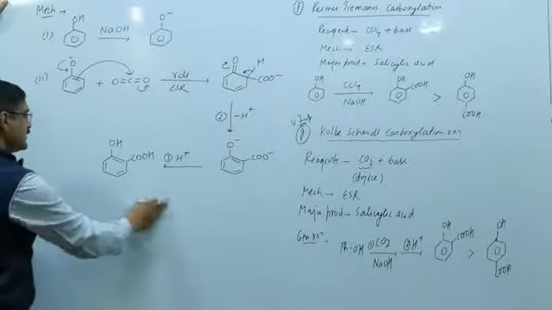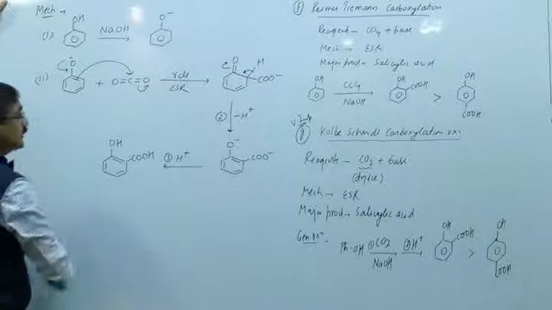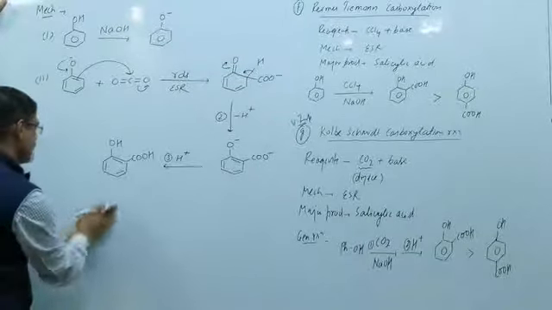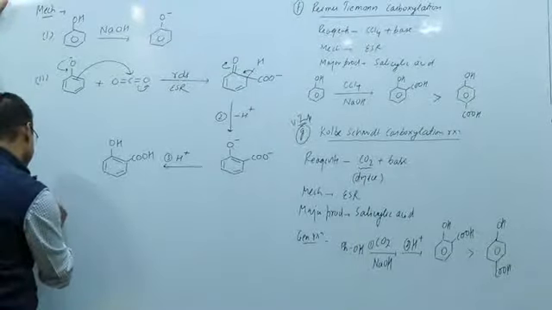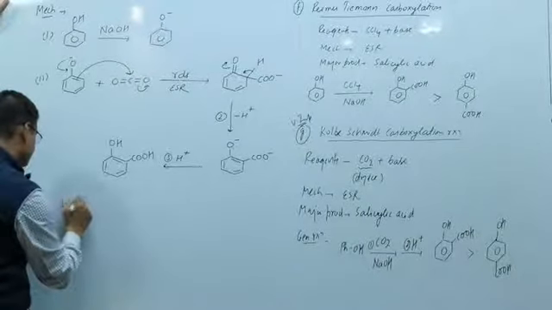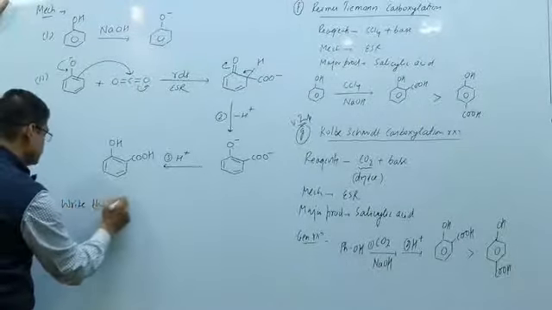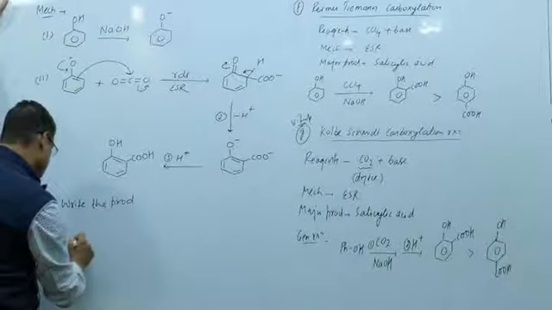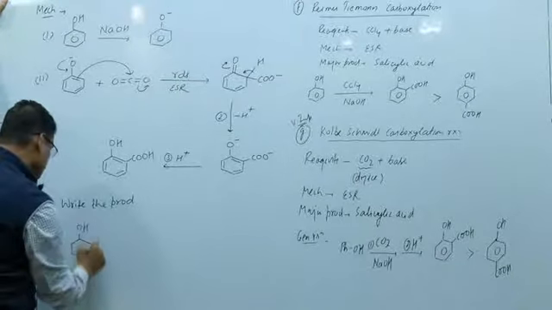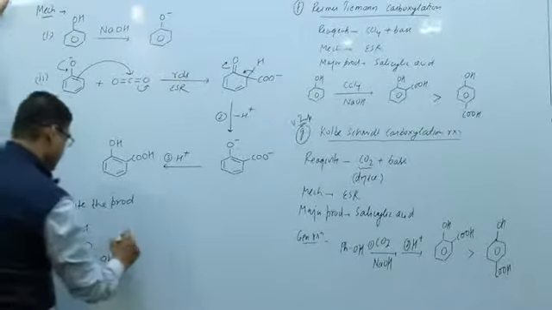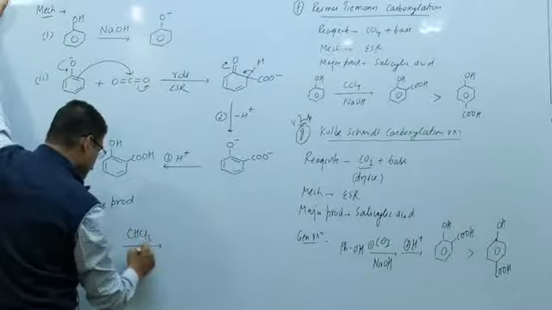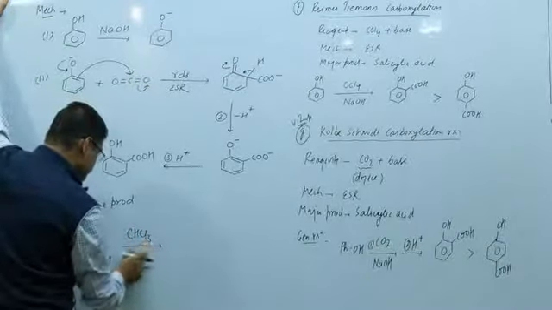Now we are taking some questions on the above reactions: Reimer-Tiemann formylation, carboxylation, and Kolbe-Schmidt reaction. So question number 1. First question, write the product. Suppose I take resorcinol and chloroform plus KOH is taken.